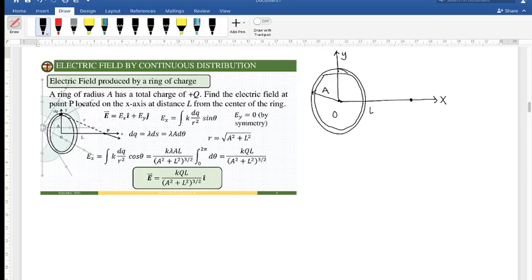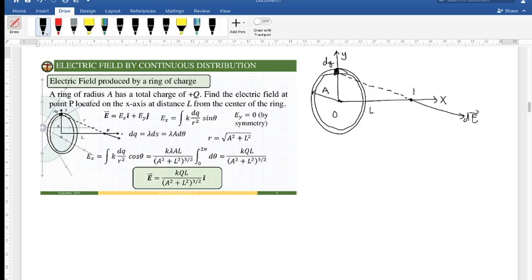Suppose our chosen dq is this. Since the total charge Q is positive, the field is pointing away exactly from the charge dq.